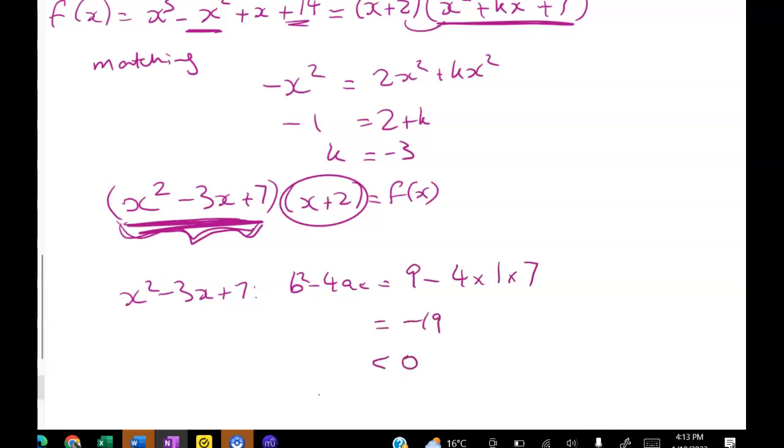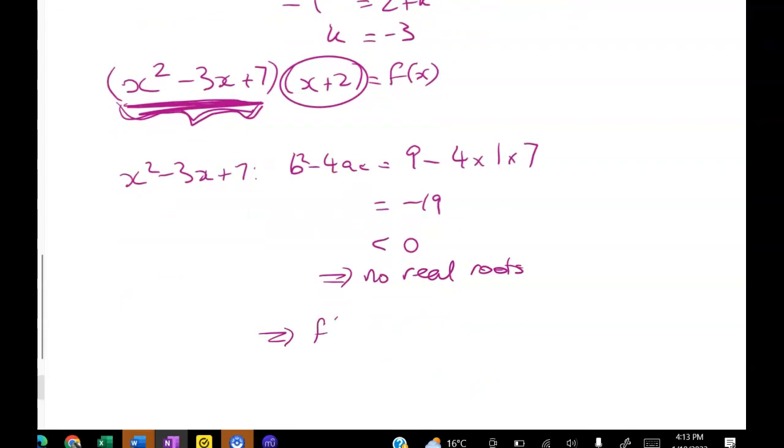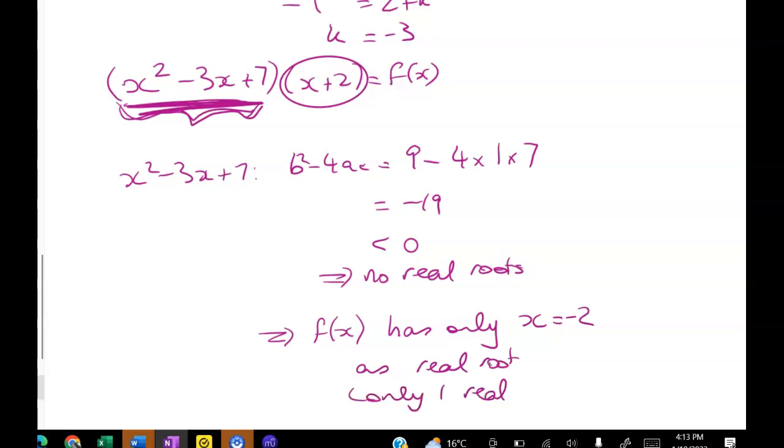Negative 19 is less than 0, so it has no real roots. Therefore, f of x has only x equals negative 2 as its real root. Okay, so only one real root.